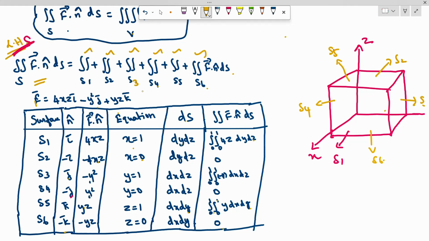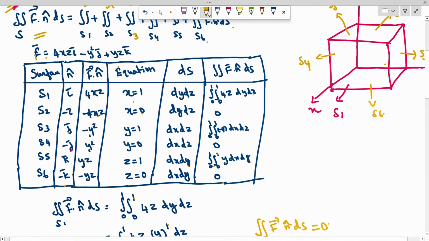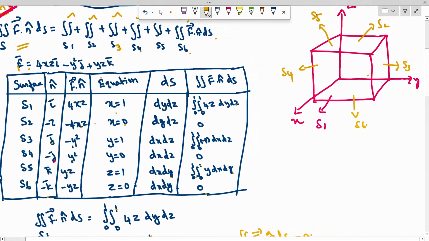Surface 1 to surface 6 we have to calculate separately. This is our given F vector. Now we are going to start from surface 1, the front side. In the table, column wise one by one: in the first column write surfaces S1 to S6. The second column is n cap, the unit outward normal vector.